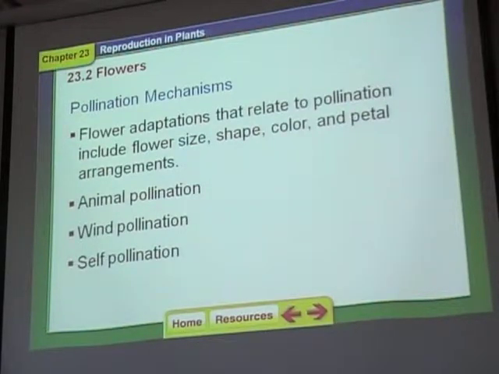Okay, there's all sorts of variations of flowers. There's different sizes of flowers, like you just saw. Different shapes, different colors, different petal arrangements. Sometimes flowers are pollinated by insects, and there's different types of pollinators. It's not just bees.